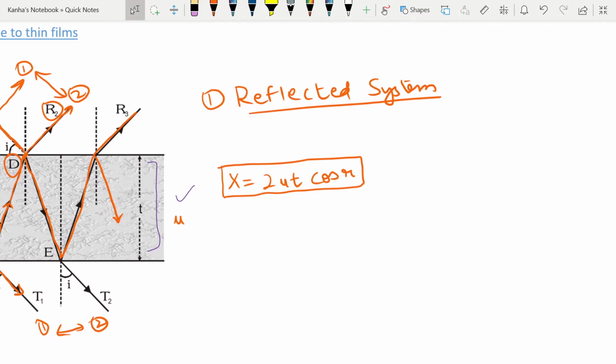Now you know that due to reflection from the surface of a denser medium, it involves an additional phase difference of pi. Therefore, the exact path difference between BR1 and DR2 is delta equal to x prime equal to 2 mu t cos r minus lambda by 2.